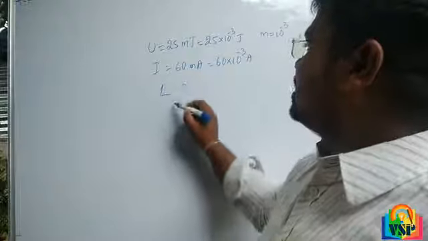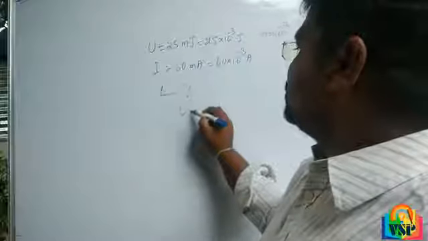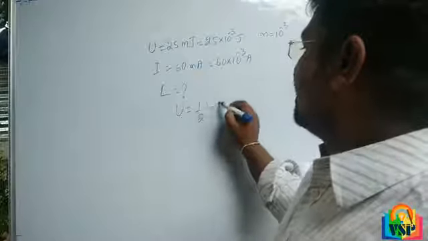Energy stored in self-inductance, U is equal to 1 by 2 L I square.